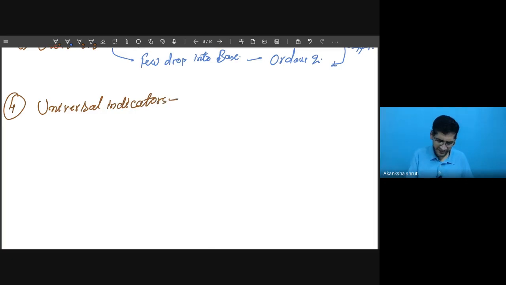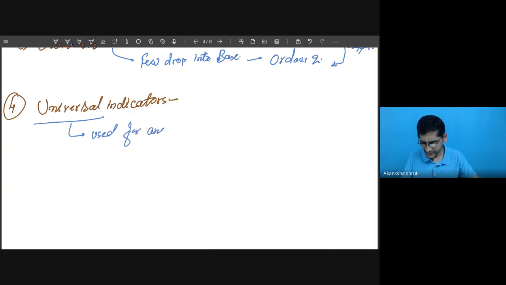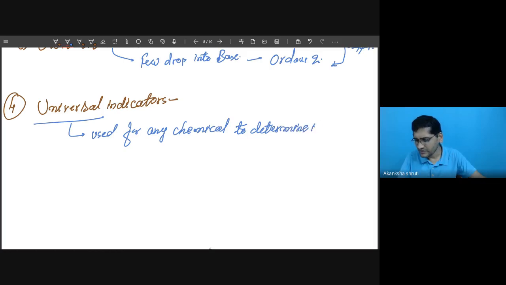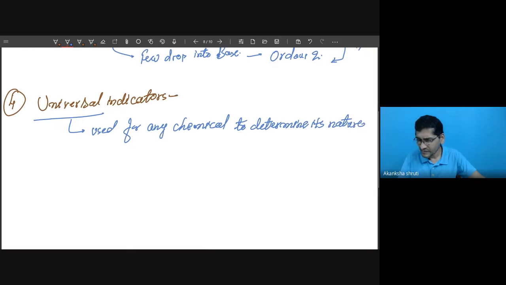The name itself indicates it is universal. Universal means it can be used for any chemical, to determine its nature and its strength also.